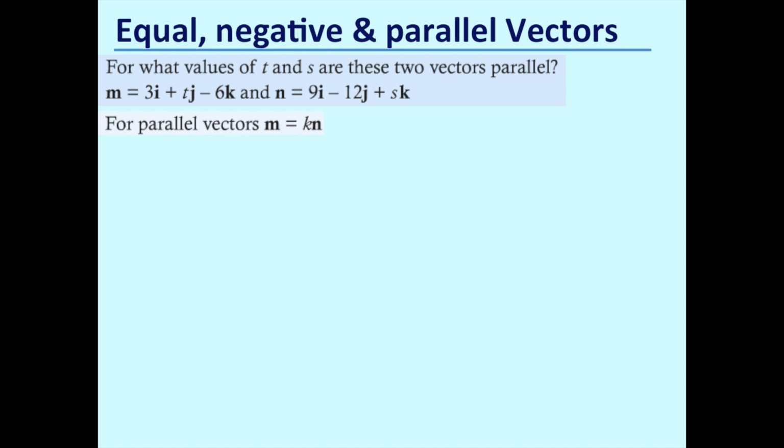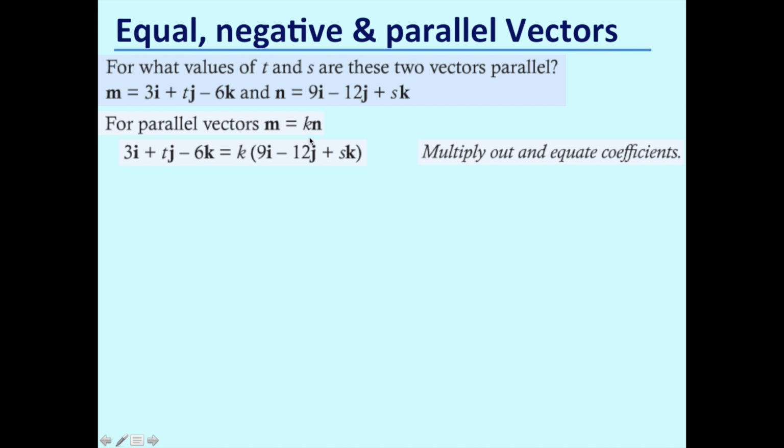We need to understand that if they are parallel, so here we are assuming they are parallel, vector m will be a scalar multiple of vector n. So this is vector m, we're told here, so it must be some scalar multiple of vector n. So we can expand this and we end up with this formula, in which case they must be a scalar multiple.